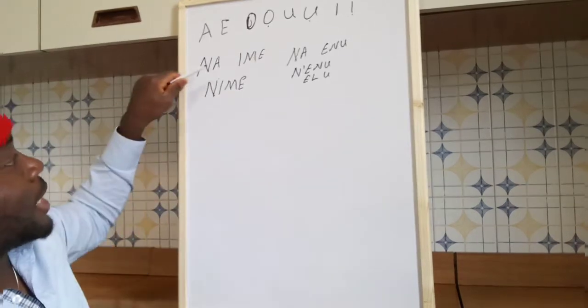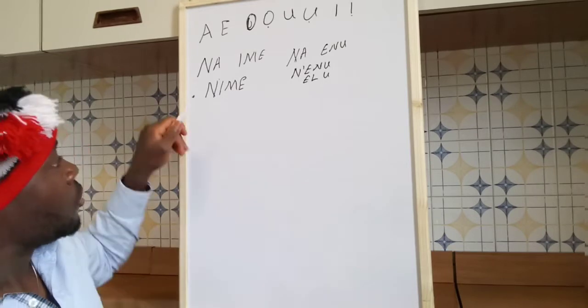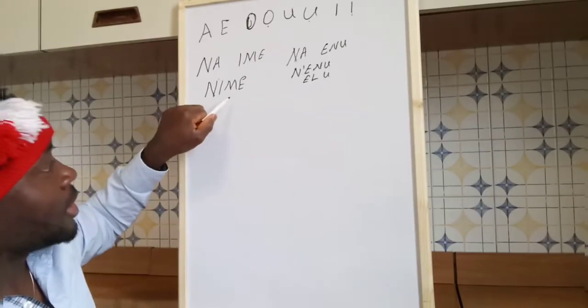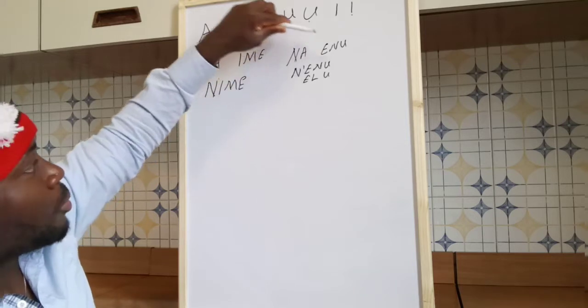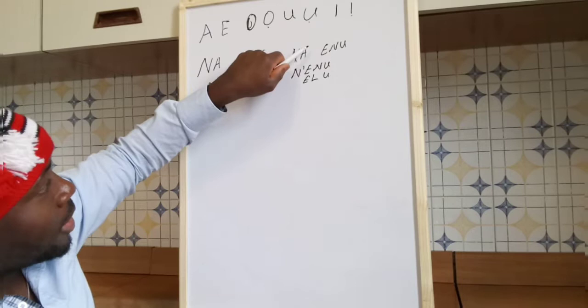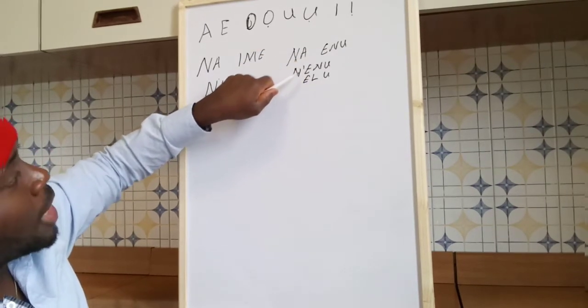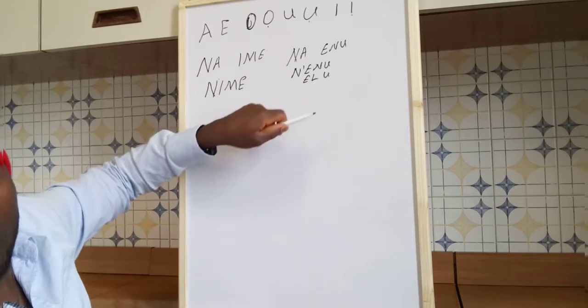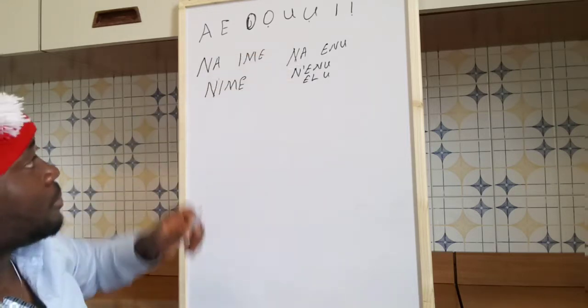If you write it like this, somebody will understand, but the correct form of writing it is this way. The same thing is applicable to on top, nenu. You remove A and bring the enu together to the end. So nenu or nelu, depending on how you want to write it. Two of them are correct.